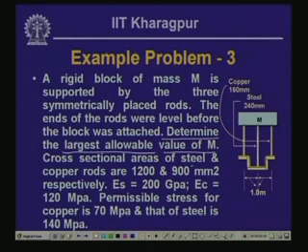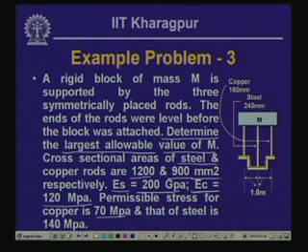The cross sectional areas of steel and copper rods are 1200 and 900 millimeter square. The modulus of elasticity of steel is 200 GPa, that of copper is 120 MPa, and the permissible stress for copper is 70 MPa and that of steel is 140 MPa.